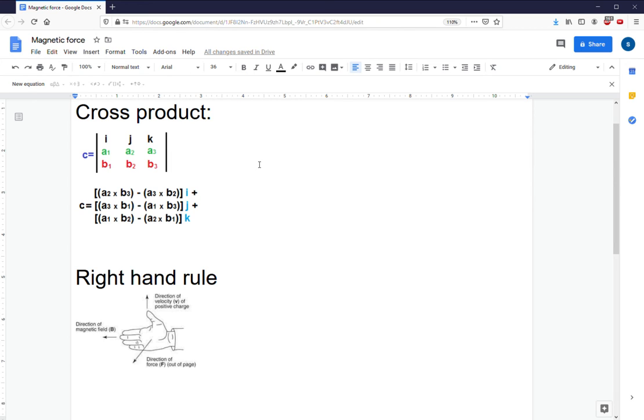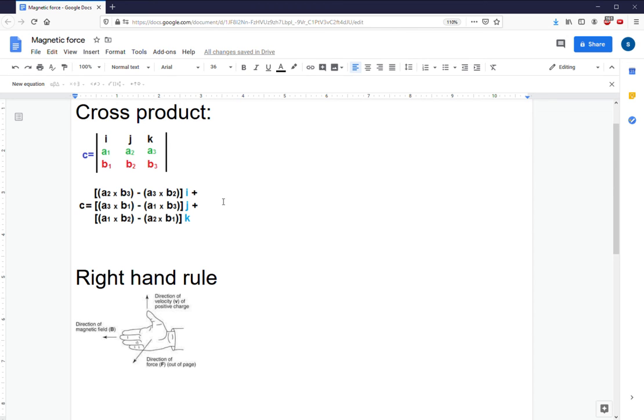The particle might have a component of velocity parallel to the magnetic field and other components perpendicular to it. In that case, the perpendicular components will cause the particle to move in a circle, but the parallel component will remain unaffected. The net result is that the particle will move in a helix.